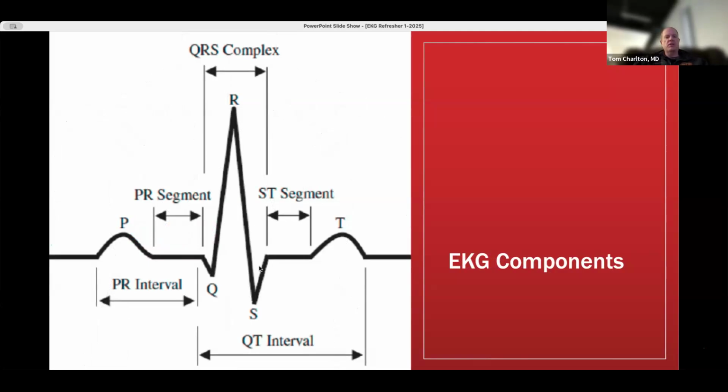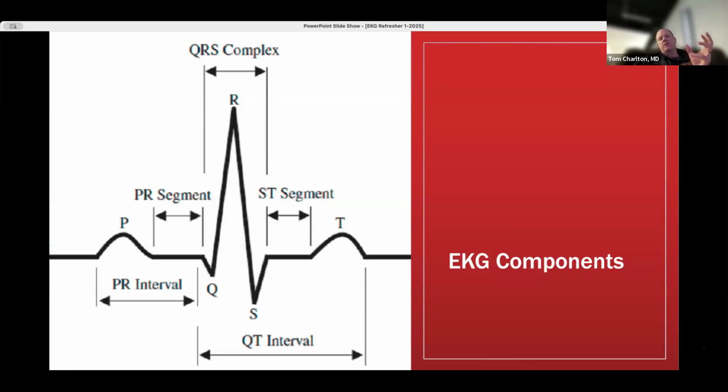So contraction occurs. We now have this pause between the S wave and the T wave called the ST segment. The T wave represents the end of all of the cells in the myocardium repolarizing. They're now ready to contract again.